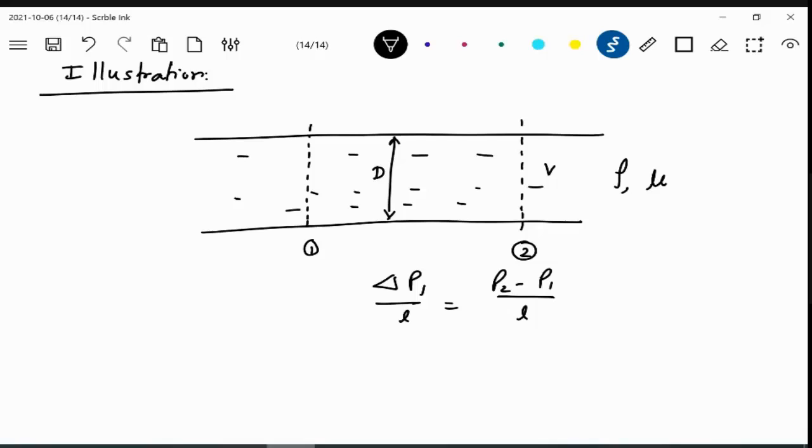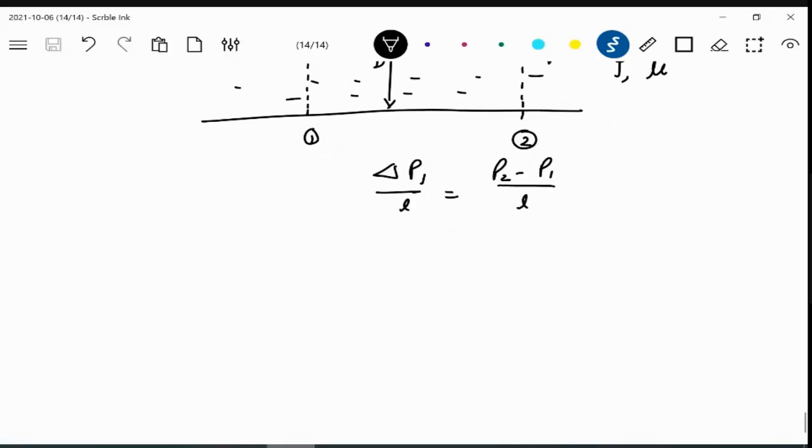So my problem is to find the change in pressure per unit length if water is flowing through a closed circular pipe of diameter d, velocity v, density rho, and viscosity mu.